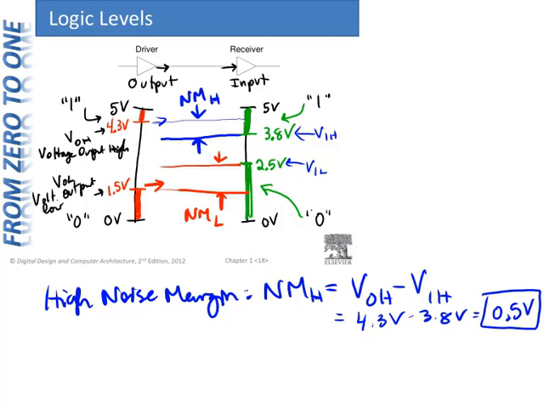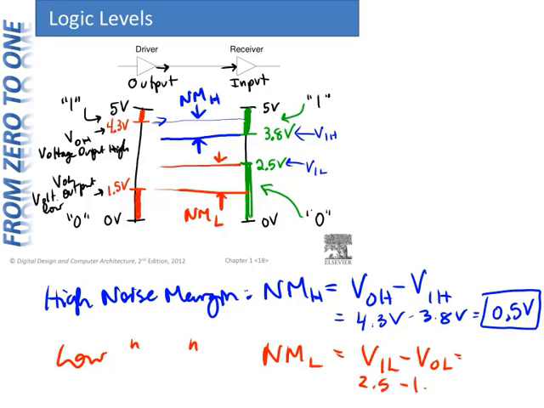So it can degrade by 1 volt and still be detected as a zero. We can write that in equation form. The low noise margin, for the 0 range, is voltage input low minus voltage output low. In this case it's 2.5 minus 1.5 volts, and we have 1 volt of noise margin on the low end, or the 0 end.